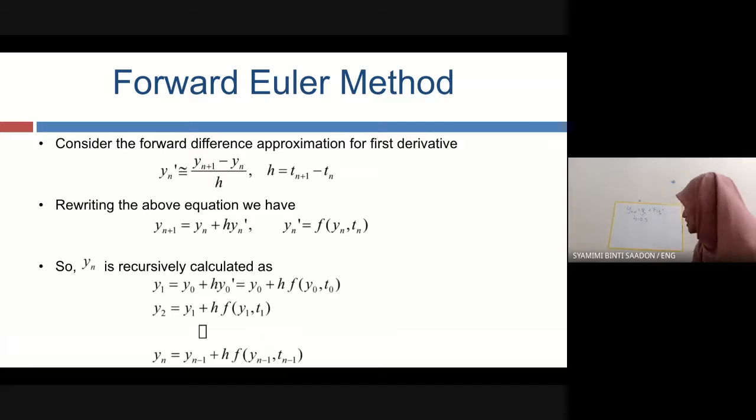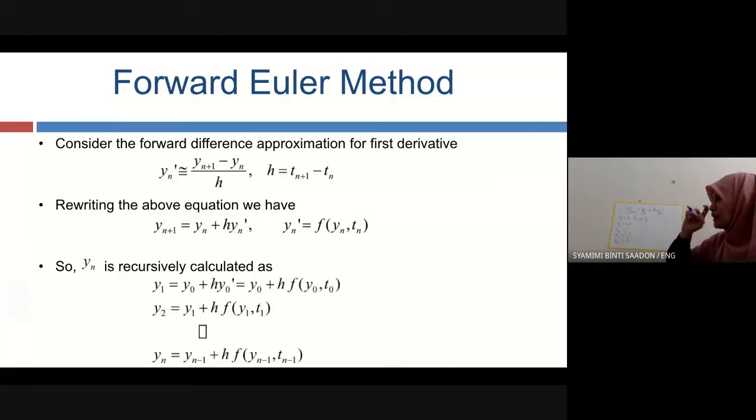Okay, understand? So t is 0, 0.5, 1, 1.5, 2.